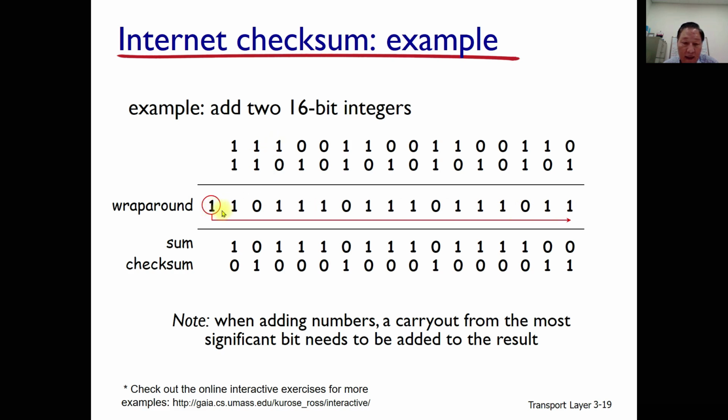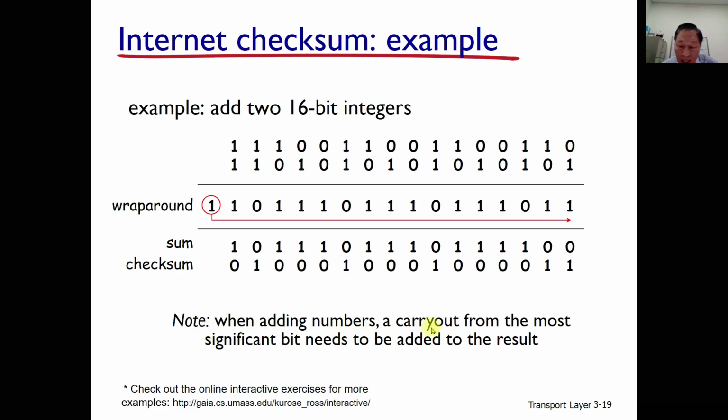They are added in binary format, and finally there is the carry and wraparound, which is also added here. Then the final summation result will be like this. After that, the checksum is derived from this by changing 1 to 0 and 0 to 1, reversing them. Then that is the final checksum to use, to send or to compare.